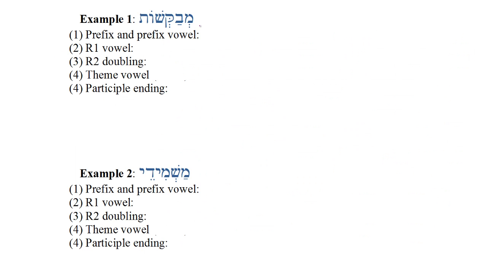Our first example here is mevaqshot. So we look at our prefix vowel and our prefix. It's a mem with a vocal schwa. Mem tells us that we are at Piel or anything to the right in the table. The vocal schwa tells us Piel or Pual, and the mem tells us participle. The R1 vowel is a patach, and that definitely tells us it's Piel. We have a Piel participle, and we do have R2 doubling, although we don't need to note that now. We already know it's a Piel.